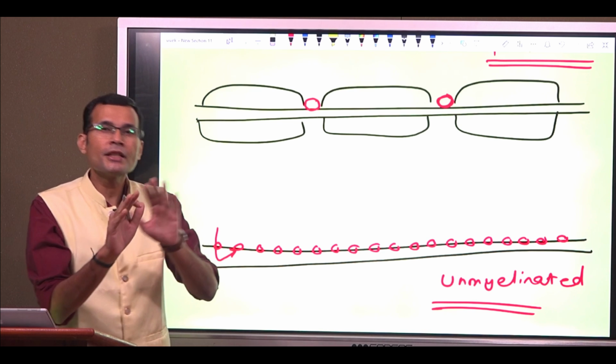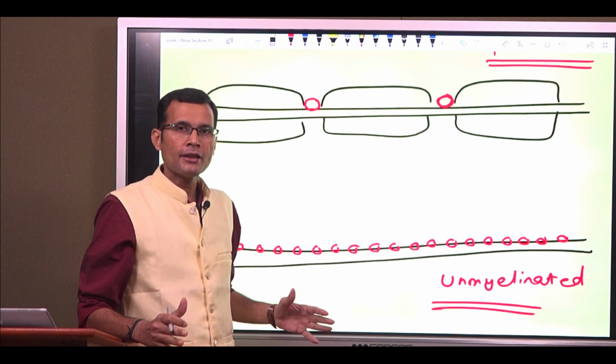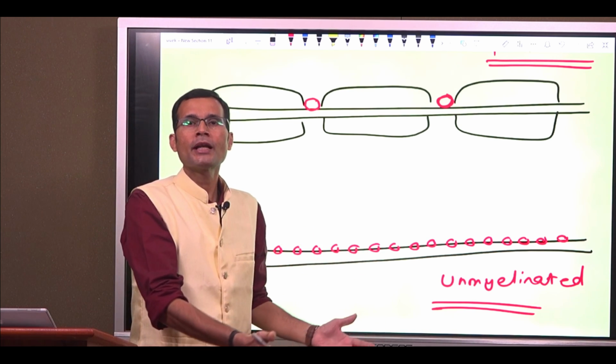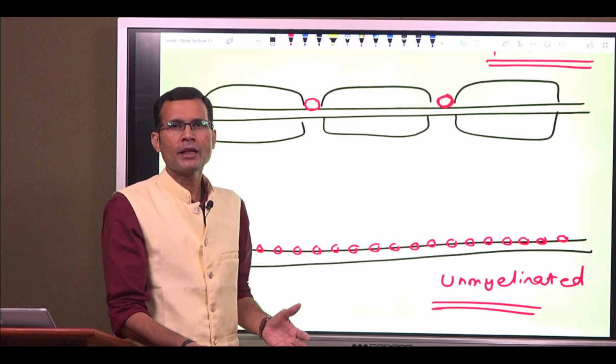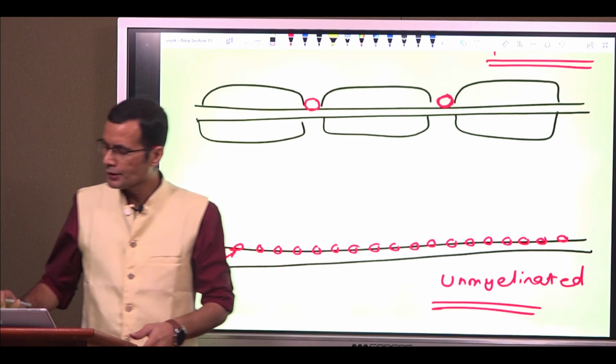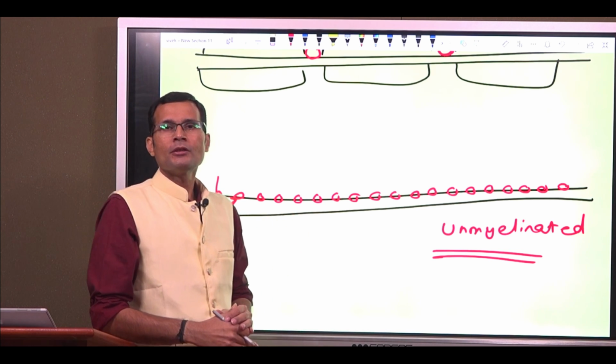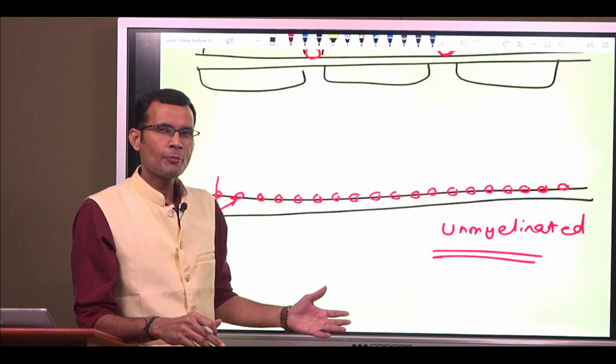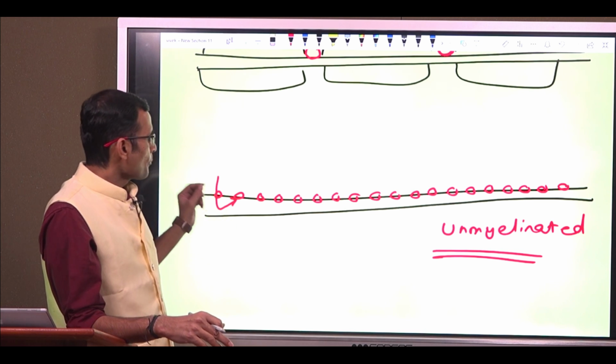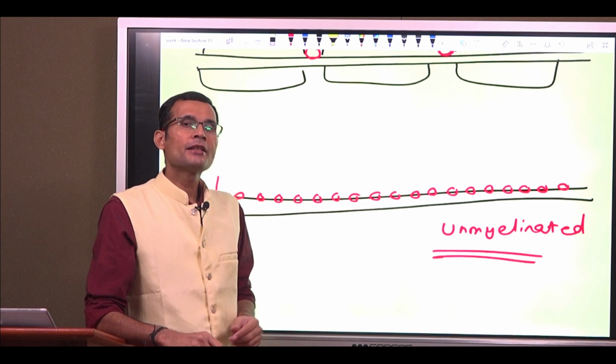So that's the key point that we are looking at when we discuss the propagation or lack of propagation in the nerve fibers. Right. I have given this example in one of my previous videos as well. Consider this unmyelinated axon.